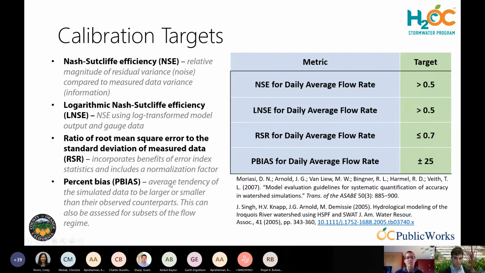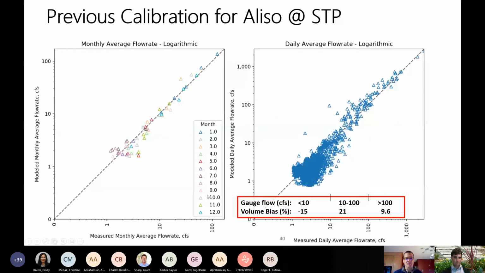And then percent bias is whether the model output is biased positive or negative relative to the observed data. And so in the box on the right-hand side, we see the goals for each of these calibration metrics.